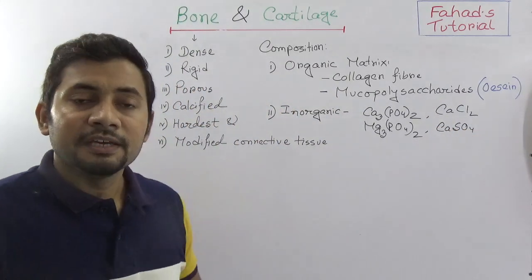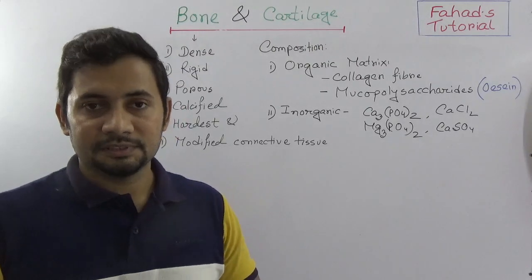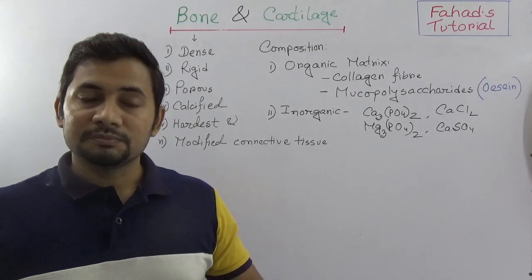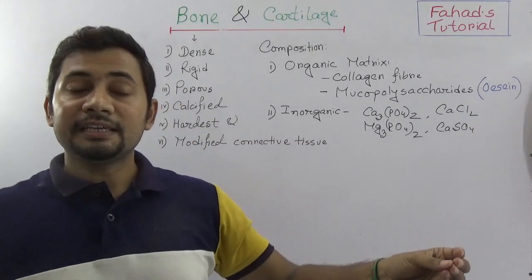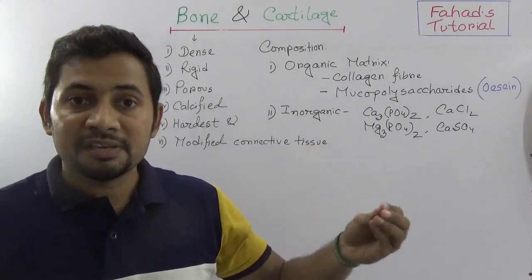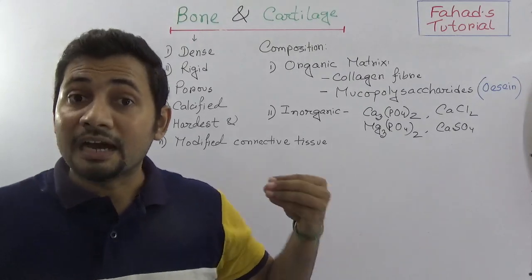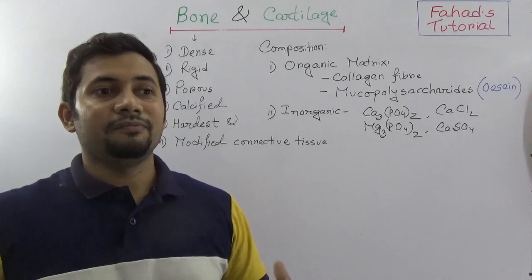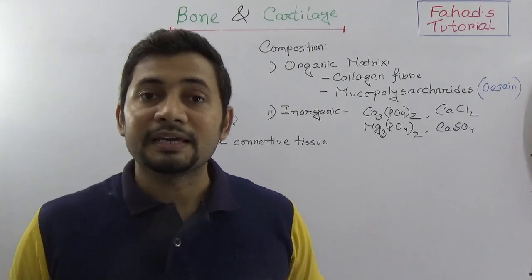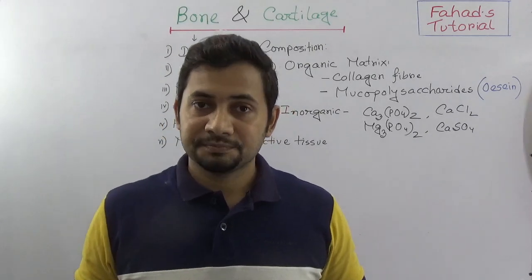So you can see that calcium is present in bones because it is calcified. As we are defining bone as rigid, dense, calcified, hardest and modified connective tissue, it is very strong, and that is why it gives rigidity.